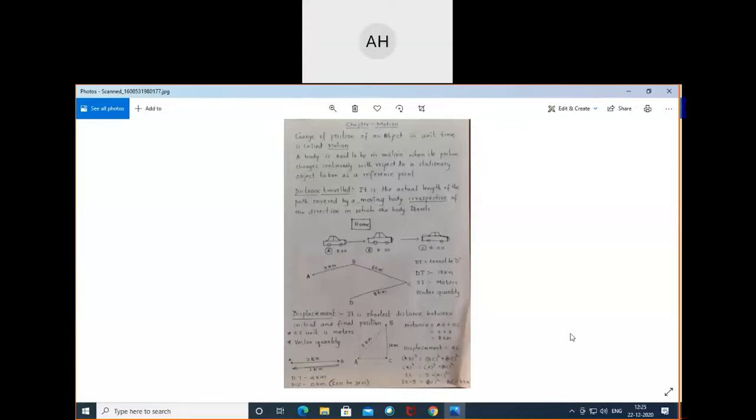Displacement is the shortest distance between the initial and final position. Okay, what is the other difference? Sir, displacement can be zero. Distance traveled cannot be zero. Very good.